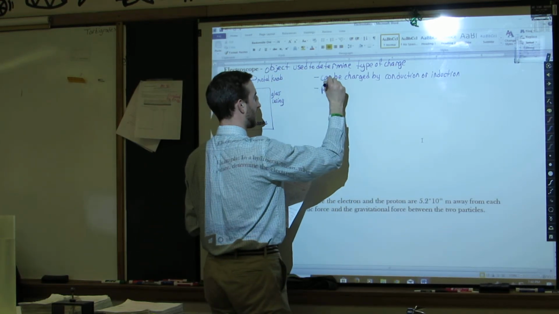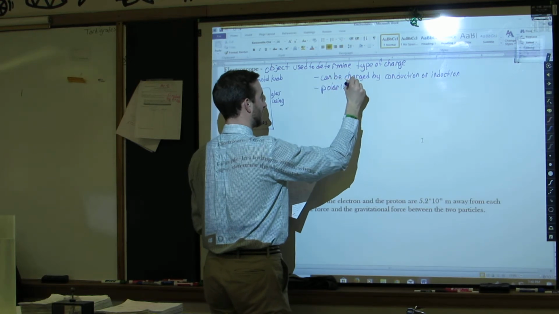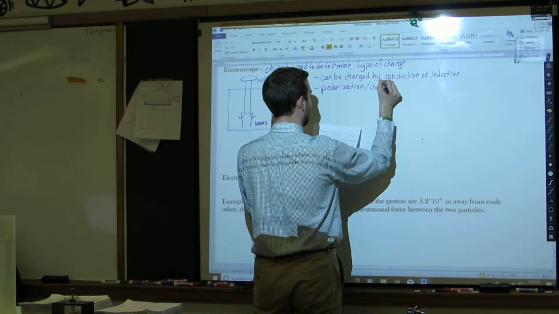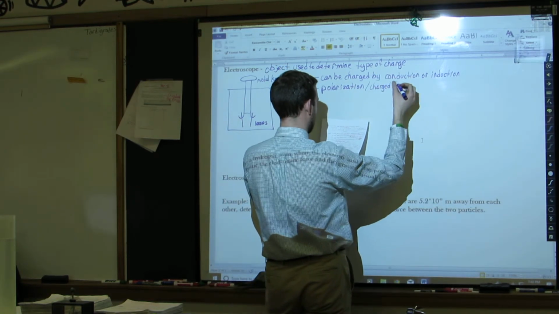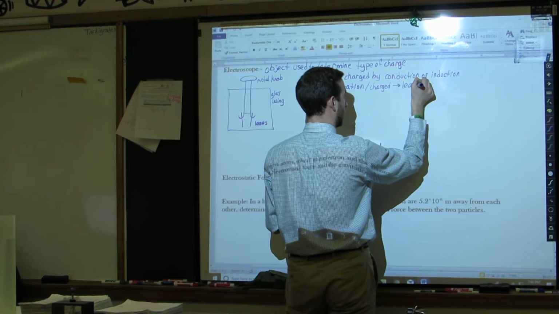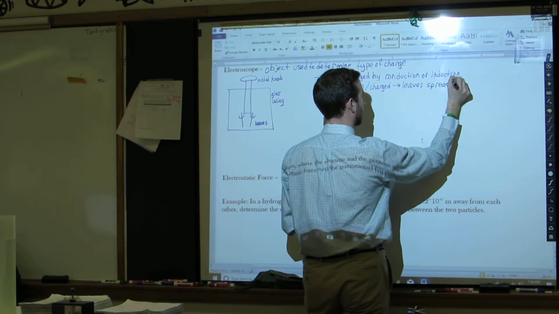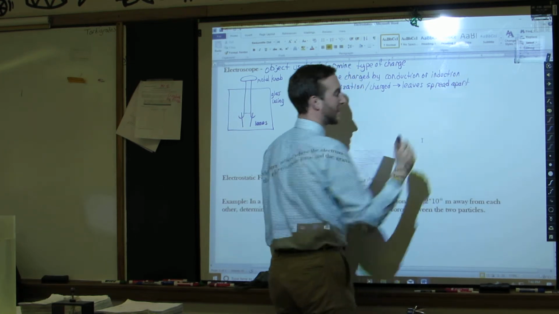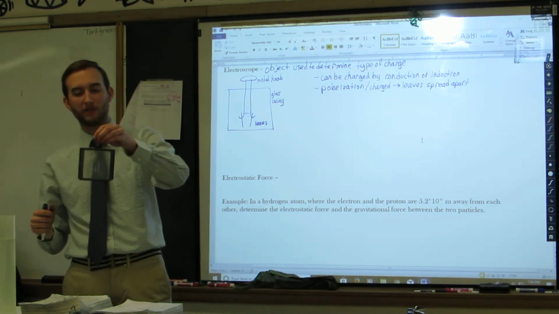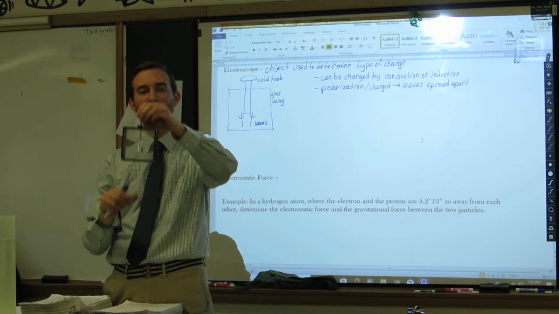And this object, whenever it becomes either polarized or charged, you will know it because the leaves spread apart. Essentially what happens is if you either separate the charges in the electroscope when it's neutral, or if you give it a charge, those charges will go down into the leaves.